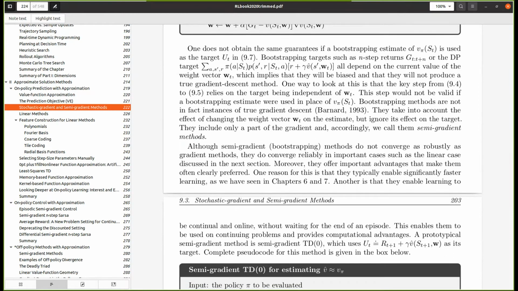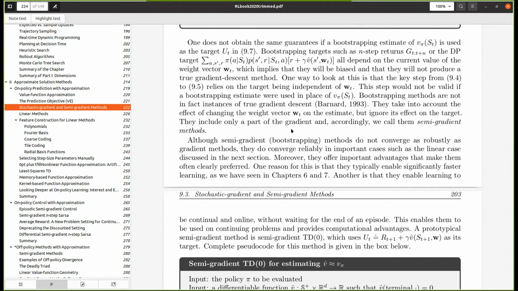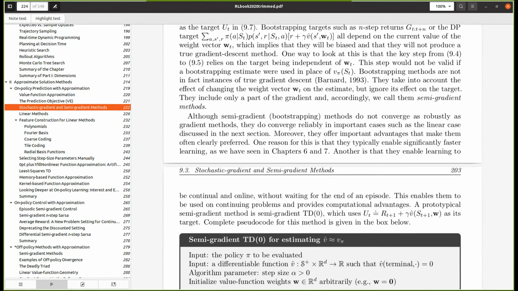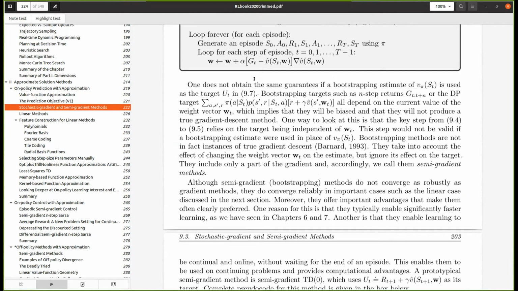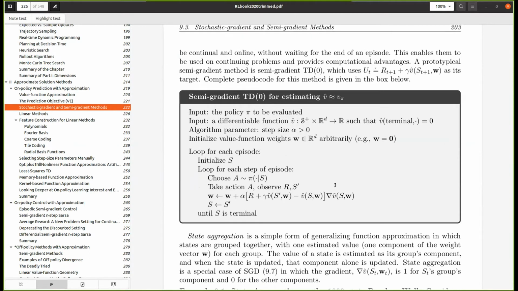So let's have a look at how this can be solved. Instead of using the true gradient method, we will be using semi-gradient methods.